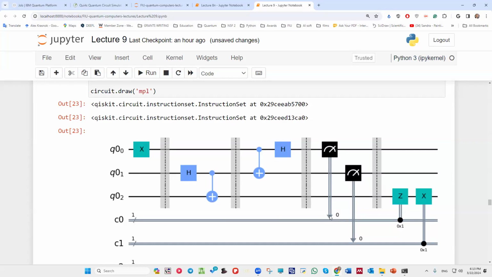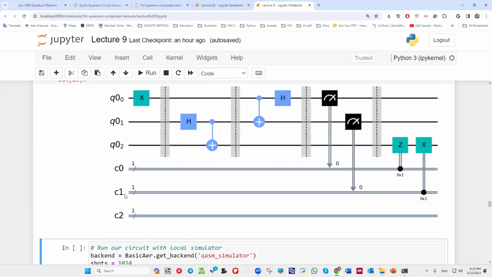So if Alice records 0 in the classical channel C0, then Bob doesn't apply this Z operation. Likewise, for the classical channel C1, if the classical register gets 0, the X gate is not applied.